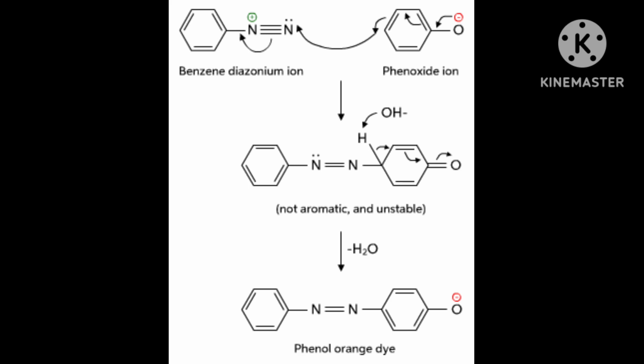Now after that you have to do reduction in presence of Sn and HCl. Then Br is introduced, and you are getting 2-bromo, at carbon number 2 bromine you have introduced.